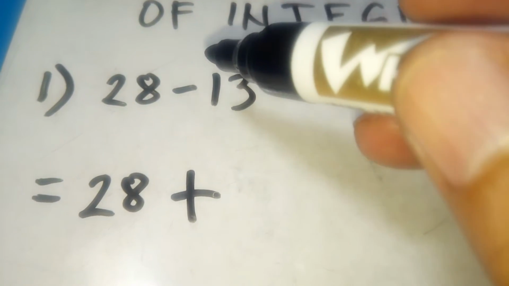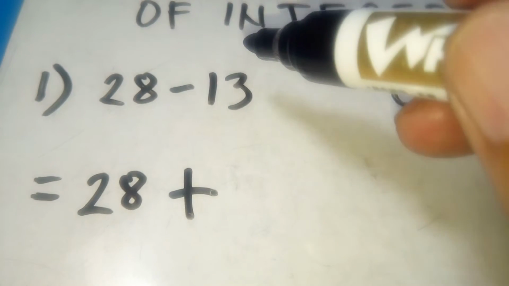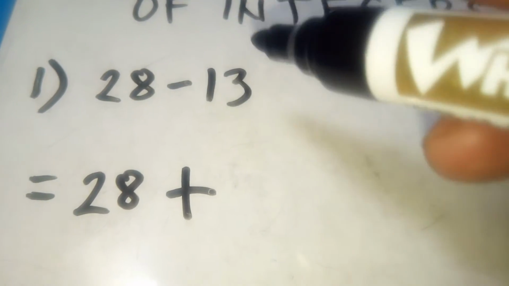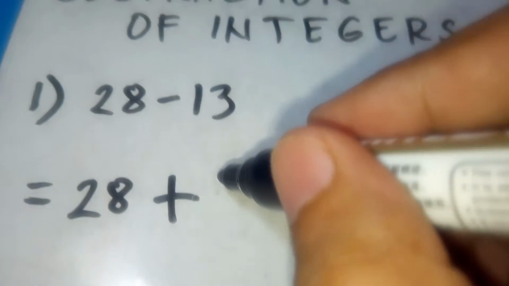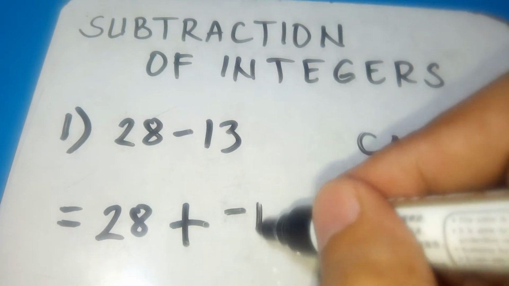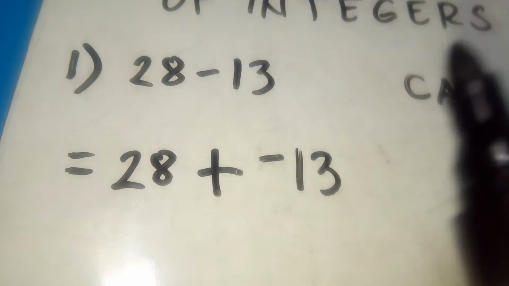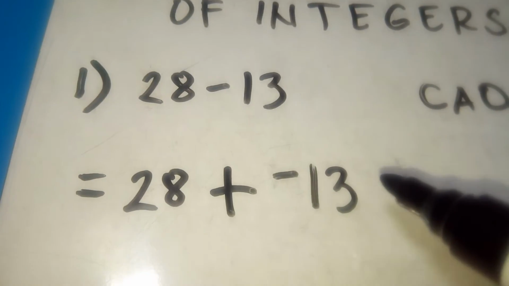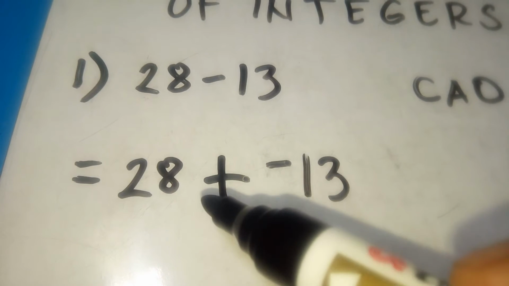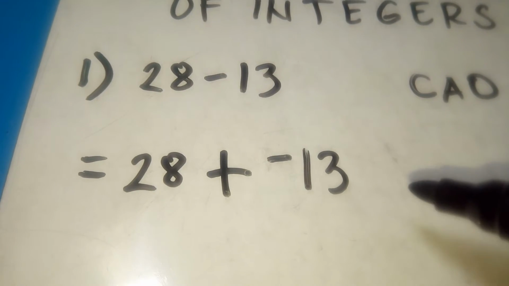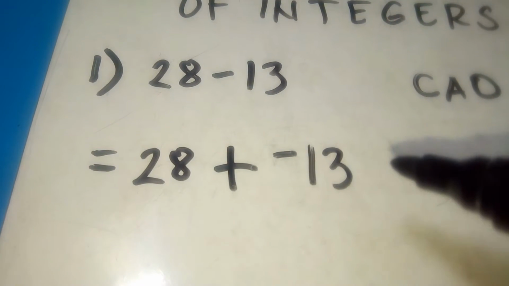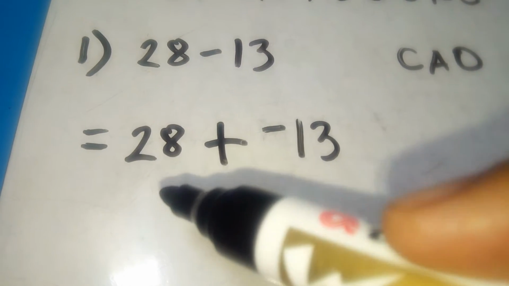You have to take the additive inverse of positive 13, and that's negative 13. Since it's already addition of integers, we have to take the difference of their absolute values because they don't have the same sign, or they are so-called unlike signs.